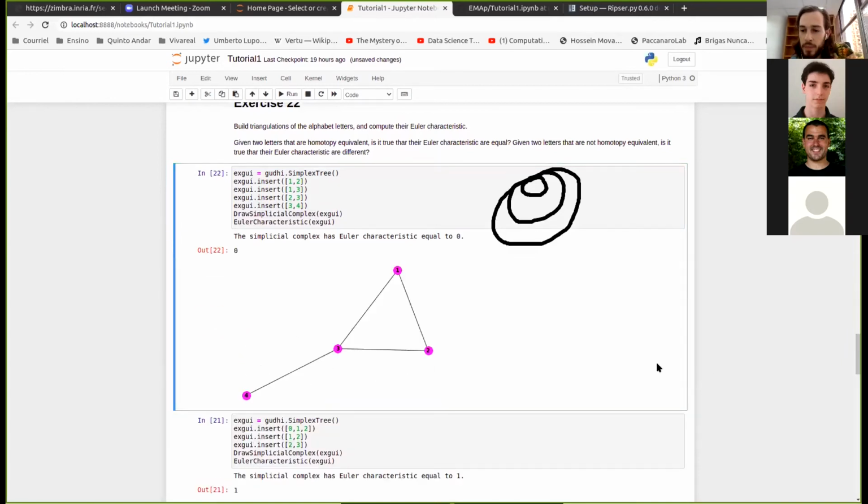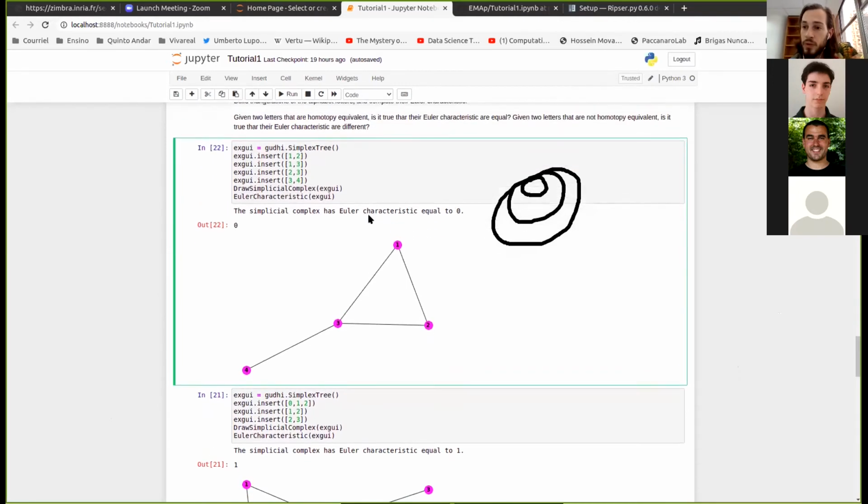This is a P. The difference between what I wrote here and what you wrote in the chat is that the simplex 1, 2, 3, the whole triangle, is not present in my simplicial complex.